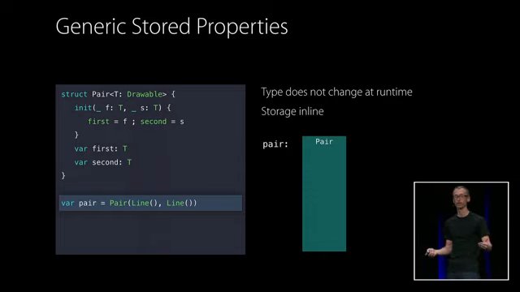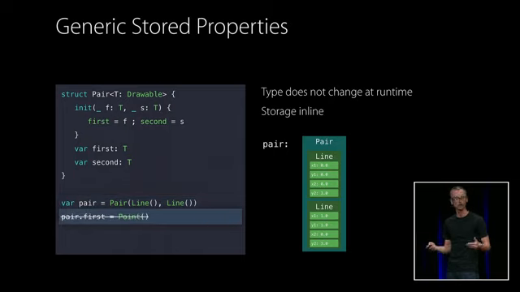So when we create a pair of lines, the memory for the line will actually be allocated inline of the enclosing pair. No extra heap allocation is necessary. It's pretty cool. However, as I said, you cannot store a differently typed value later to that stored property. But this is what we wanted.